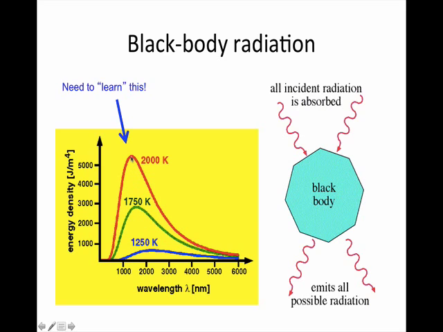So that's one thing we can say about this graph. For the 1750, if we drop a vertical line downwards, it's no longer down here at 1300. It's a little bit further to the right. It's like, I don't know, 1500. And for the 1250, it's a bit harder to tell, but let's call it somewhere over 2000 nanometers.